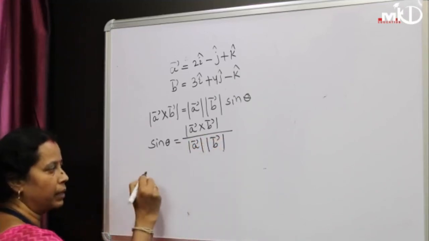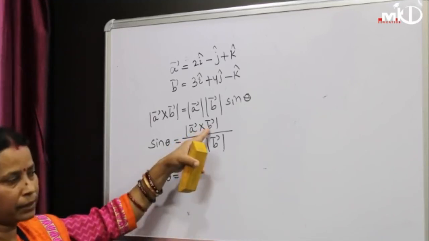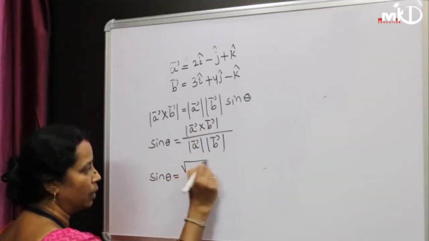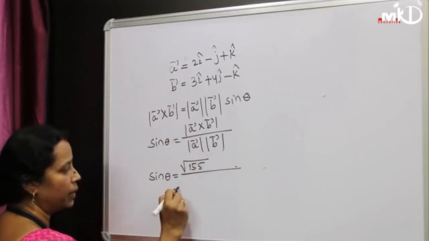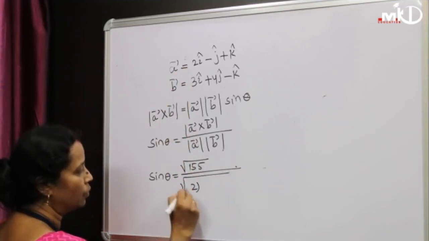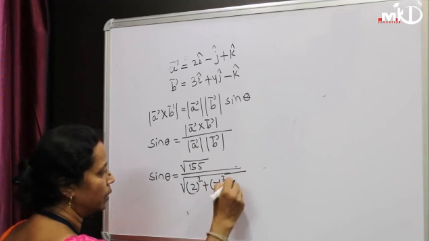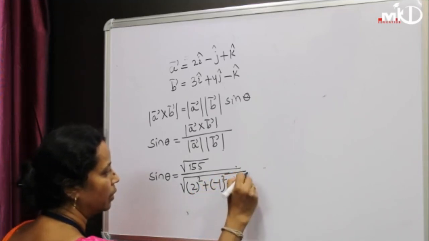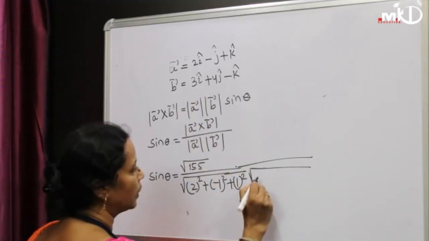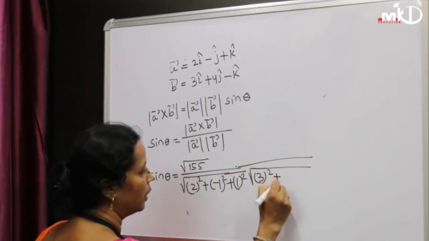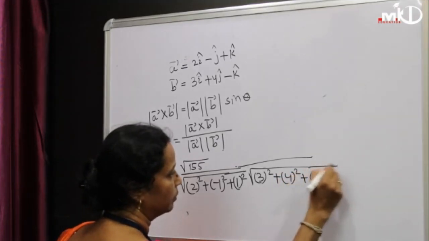We already found this modulus is root over 155, divided by the modulus of a bar, that is the square root of 2 square plus minus 1 square plus 1 square, into the modulus of b bar, that is 3 square plus 4 square plus minus 1 square.